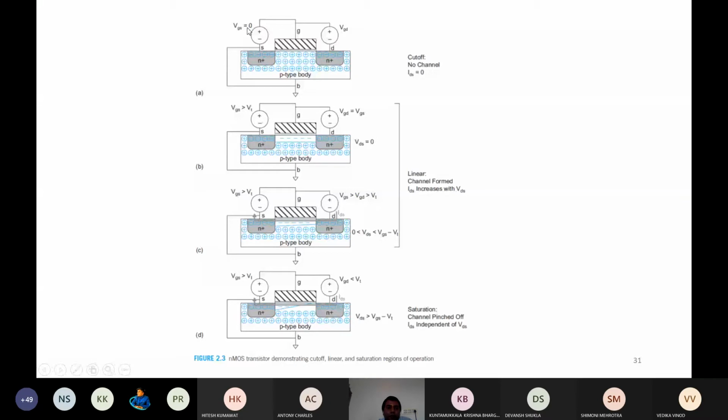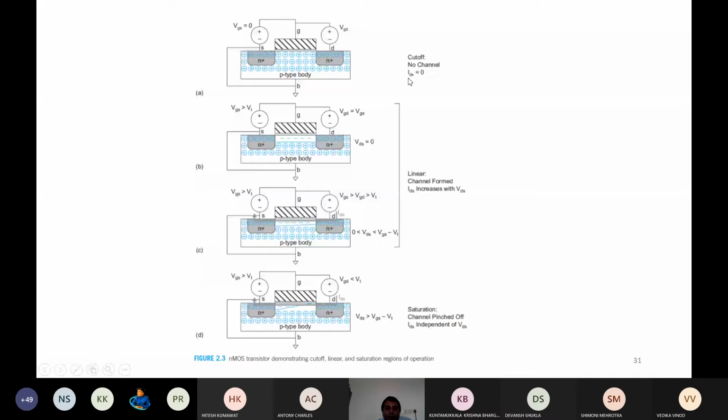If you give a gate to source voltage of 0 or less, there will be no current flowing, because the N plus source and N plus drain make PN junctions with this P type body. So some potential barrier will be there, and electrons from the source cannot go to the drain.